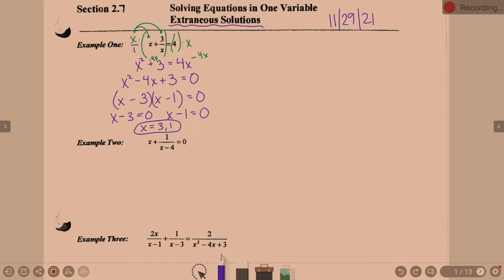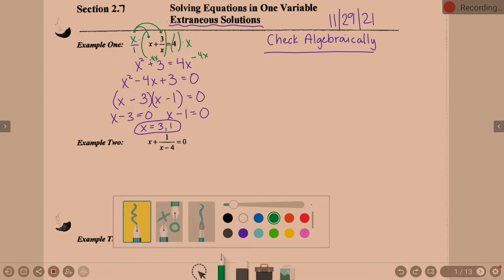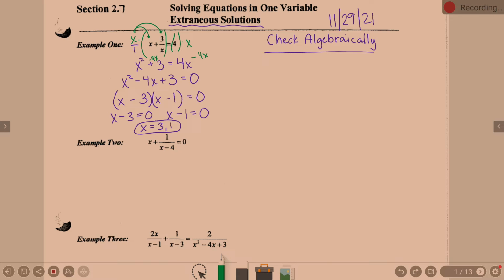I'm going to just kind of demonstrate, just because I want to talk about the different checks today. On this one, besides what we just did, which is just that quick visual check, I just want to demonstrate real quick how we can check these algebraically. And algebraically is just, you guys have been trained to do this for years, taking those answers and putting them into the original problem.